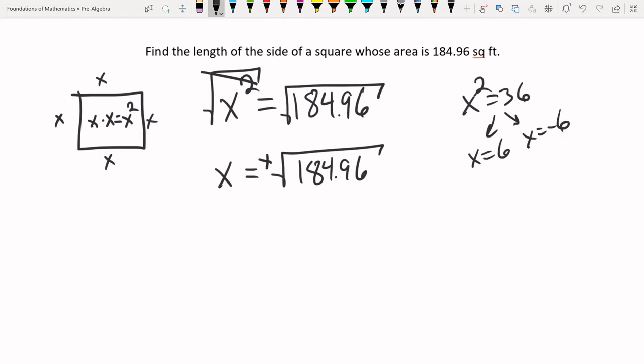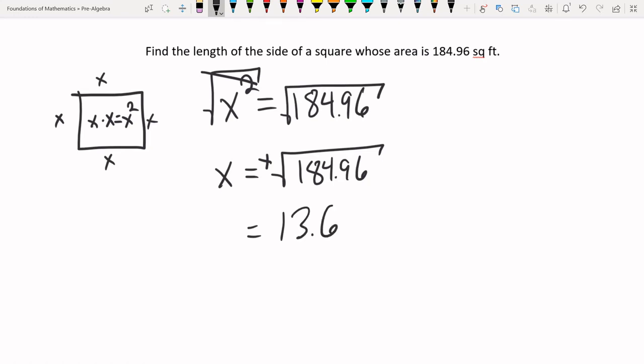But for our problem, it has to be the positive. It cannot be the negative. So we only care about the positive answer here. I hope that makes sense. All we have to do really here is just take the square root of 184.96. And that gives us 13.6. And that's the length of the sides of the square.